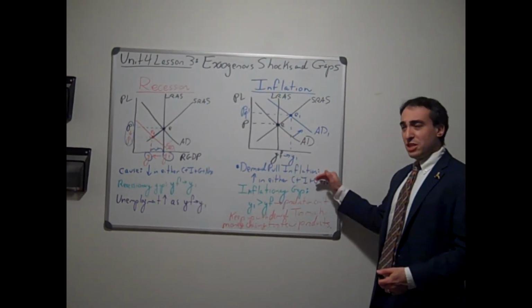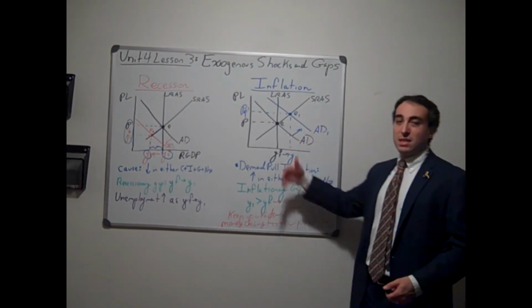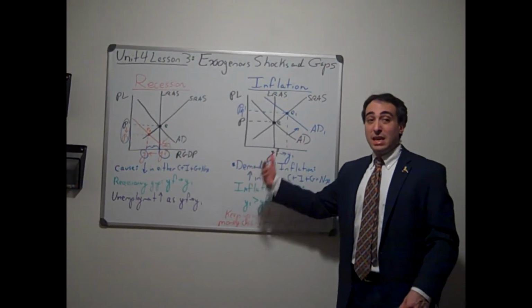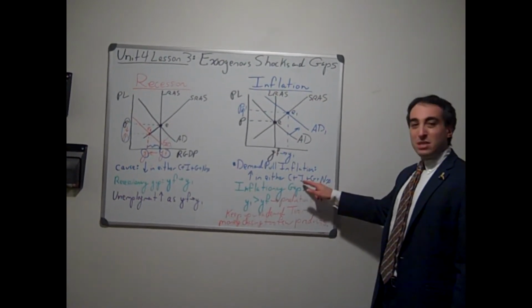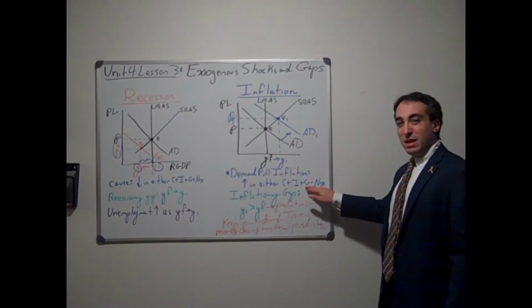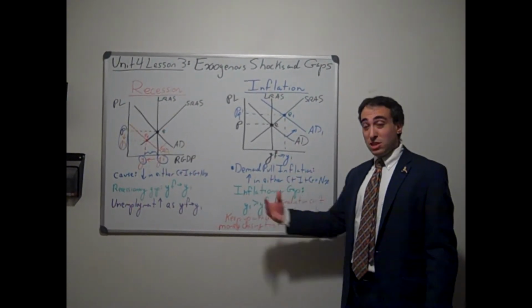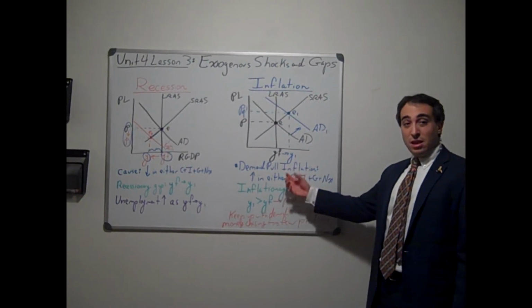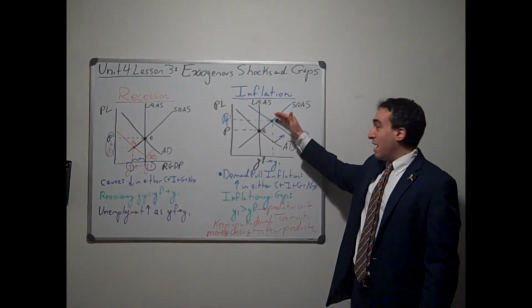So this is demand pull inflation because we are going to see something positive. There's been a positive increase in spending, either to consumer spending, investment spending, government spending, or net exports. A massive increase to either of these, or multiples of these, has increased the aggregate demand curve.